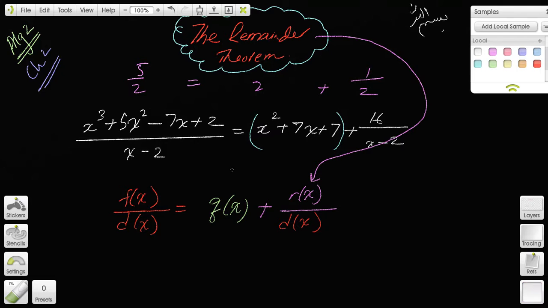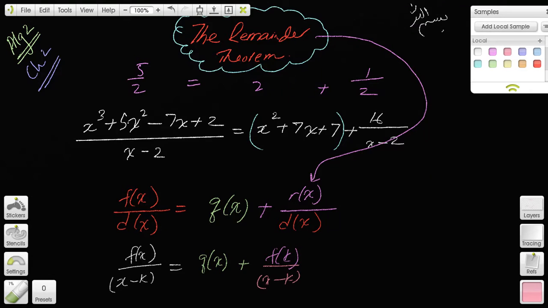What it says is if a polynomial f of x is divided by a certain x minus k, a binomial like this, which we have done before, then you're going to have a quotient like this, and then you're going to have a remainder, and the remainder is going to be f of k, over the original divisor, which was x minus k.